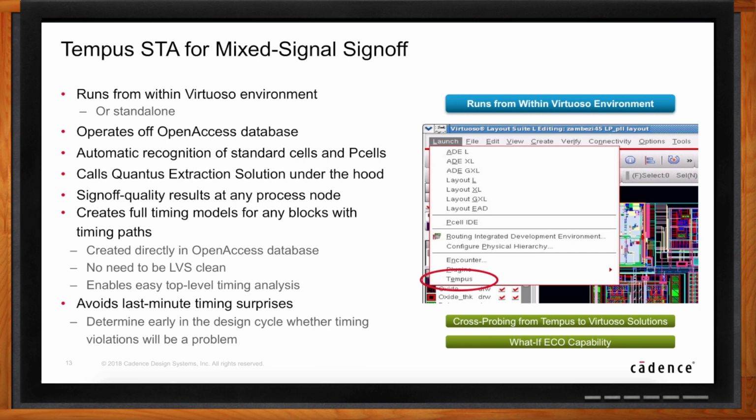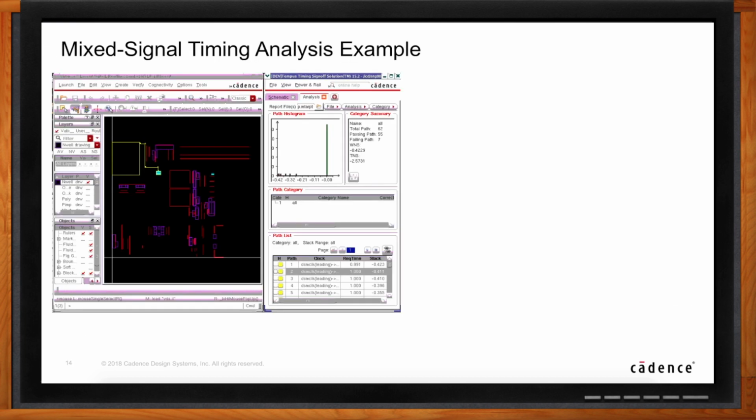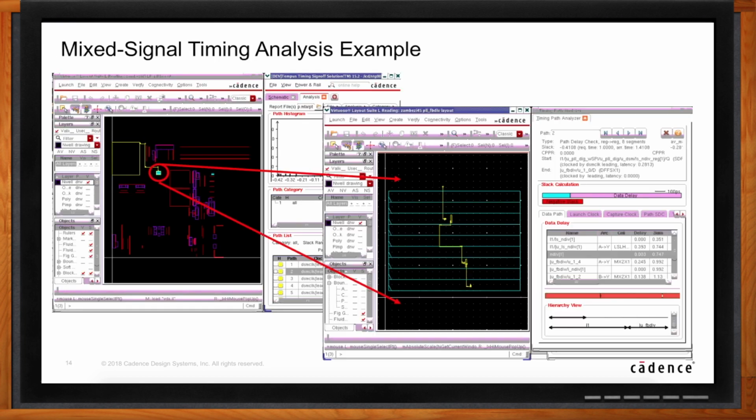Very cool. So an example of what we can do with this mixed signal timing analysis is shown here. Directly from the full custom world in Virtuoso, we can call up the layout. We can launch Tempus, which is a static timing analysis tool. And then you get all the benefits of the debug tools that come with Tempus. We see here there's a timing graph showing the current timing behavior of the circuit.